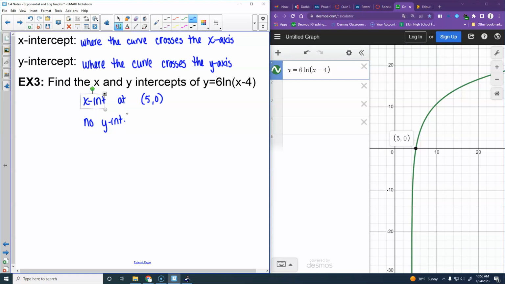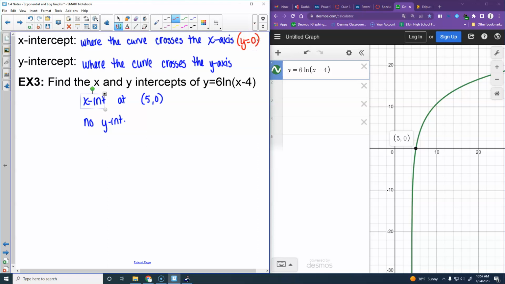Now, you may possibly run into this either without a calculator or where you can't find the exact value from the graph very well. If I'm letting you use Desmos, then you're not going to have to worry about it. It'll be really easy to find. If I've just given you a picture, it may be a little harder to find. So, on my x-axis, when I hit the x-axis, what is my y-coordinate? It is 0, and it is always 0, right? So, for the x-intercept, y equals 0.